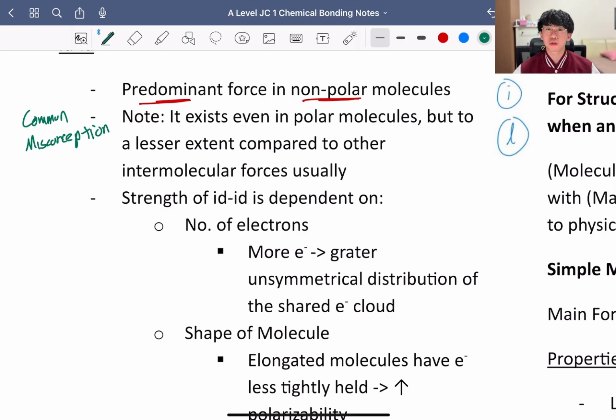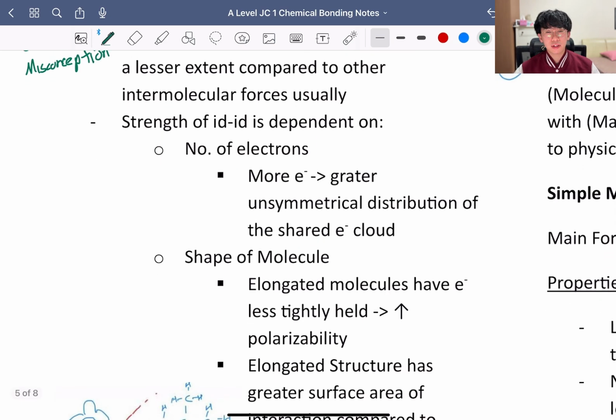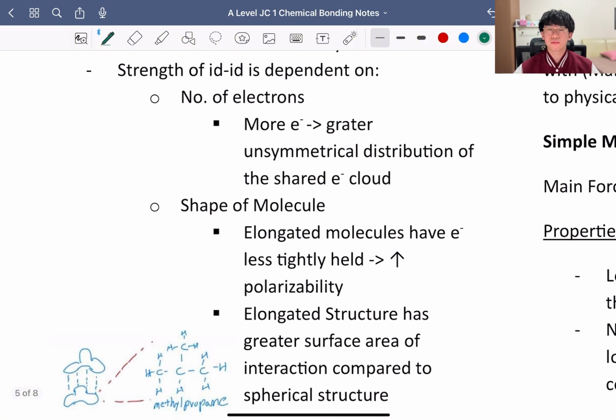This is simply not true, because ID-ID exists in every molecule. You can think of it like the interactions of electron clouds, and everything has an electron cloud. So there will be some ID-ID, but in non-polar molecules, it is more predominant than in polar molecules.